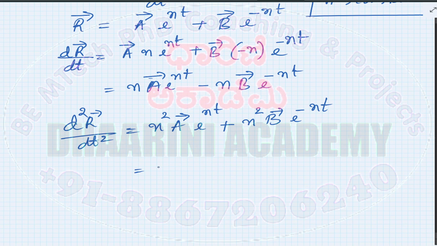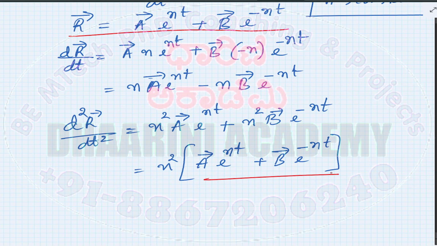I can see n square is common here, times vector a e to the nt plus vector b e to the minus nt. You can compare this part: this and this are the same, which means I can write this is equal to n square times r.